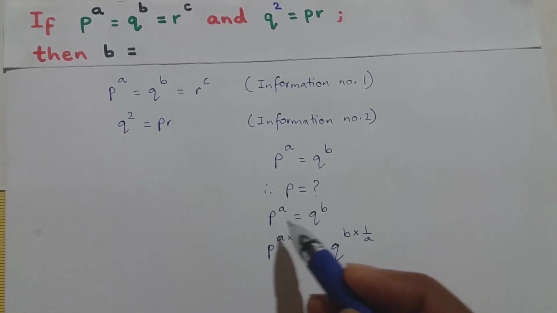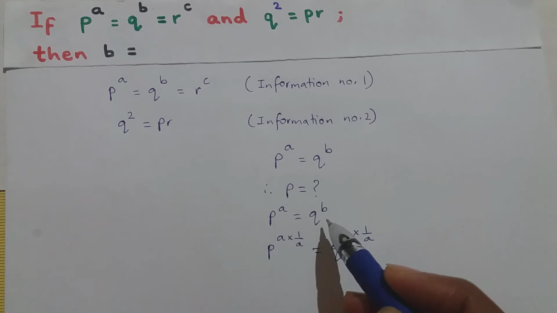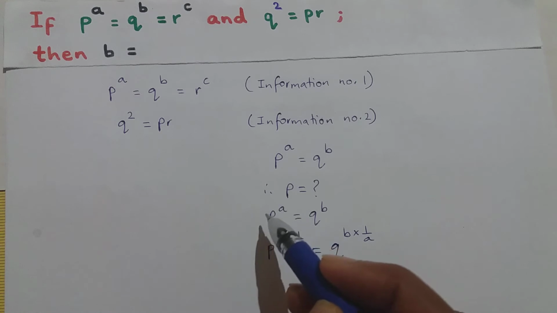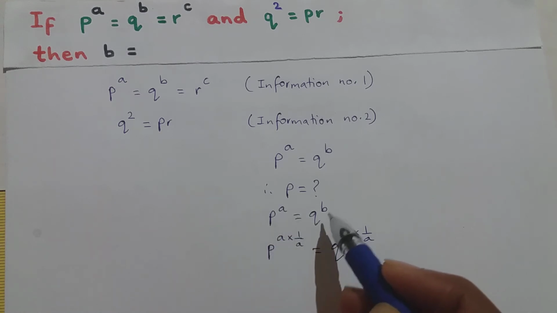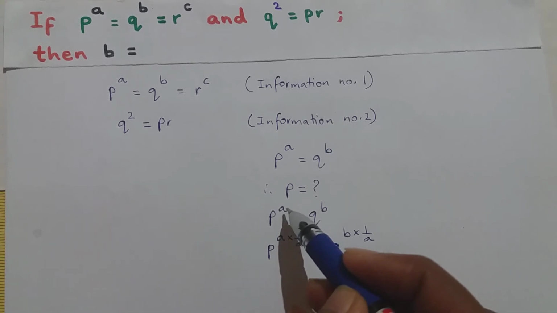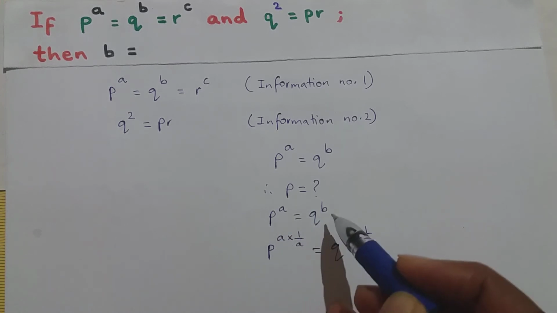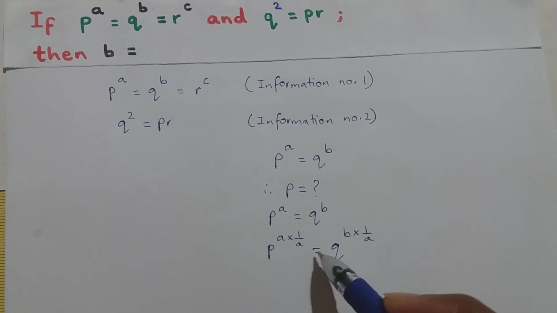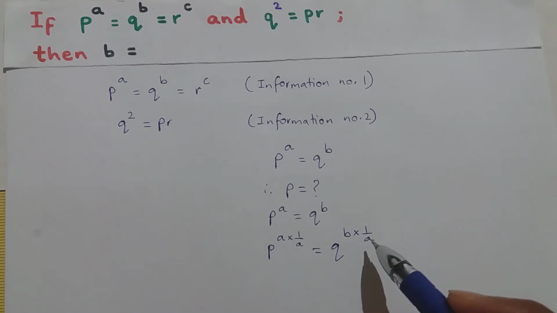In order to keep the equation, whatever operation we do on the left hand side, the same operation I have to do on the right hand side also. Then only it will be in the form of an equation.